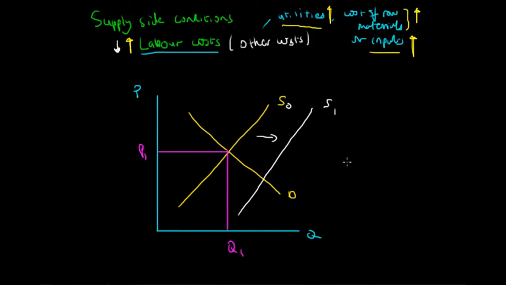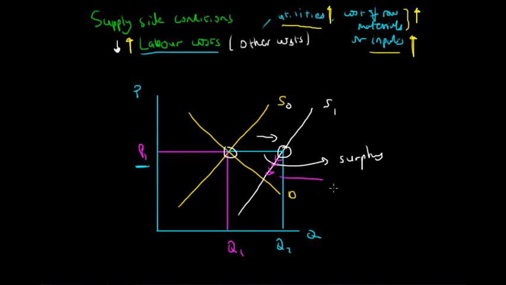And what this means is that the new quantity supplied at this price at point P will be at Q2. And so now we can see that because labor costs have decreased, demand is at Q1, supply is at Q2, and we experience a surplus in supply. And what that means is because there is a surplus in supply, producers will aim to get rid of all their stock, and so to encourage more spending, they would decrease their price.